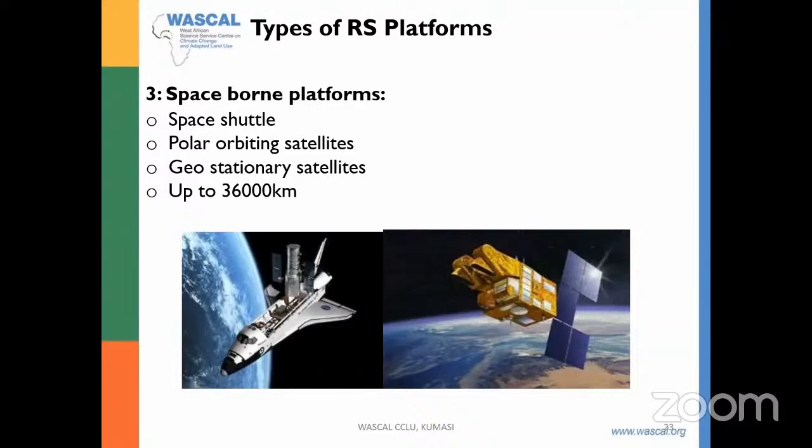We have the polar orbiting satellites, which orbit around the poles and have a reverse time. We have the geostationary, which orbits and rotates the same as the Earth. So an observer from the Earth will see this satellite as being stationary. And this is mostly used for meteorological data collection.